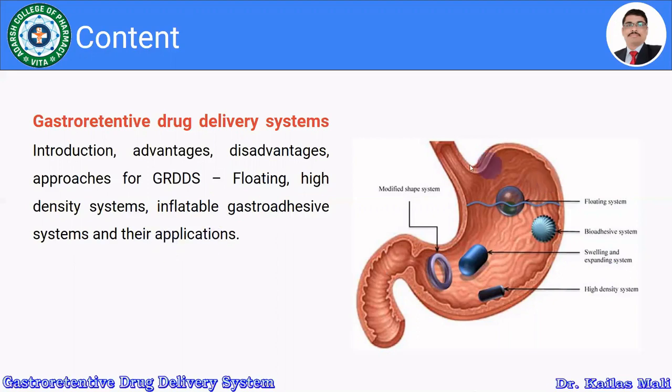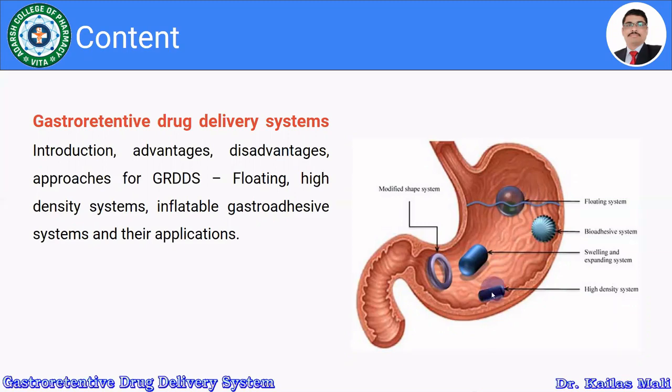Here I have shown the figure of the stomach and the different formulations which are present in the stomach. The first one is floating. The formulation is going to float on the gastrointestinal fluid due to its lower density than the gastric fluid.